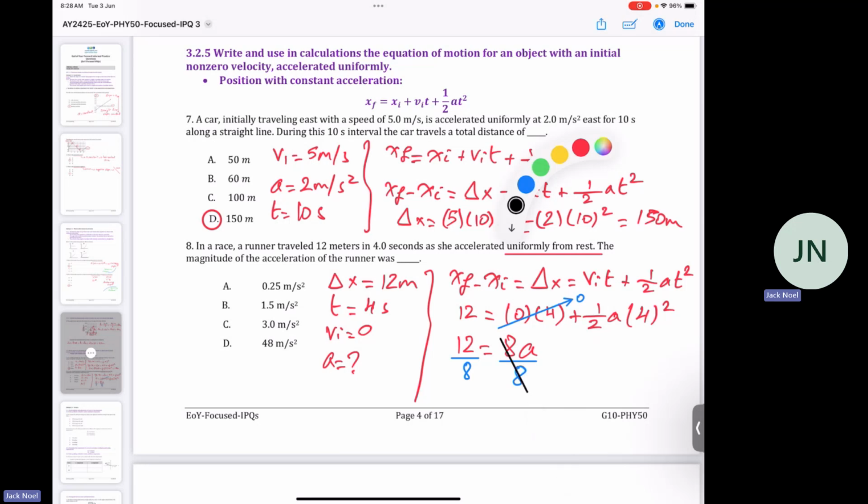So acceleration would be 12 divided by 8, which is 1.5 meters per second squared. All right, so the answer is B.